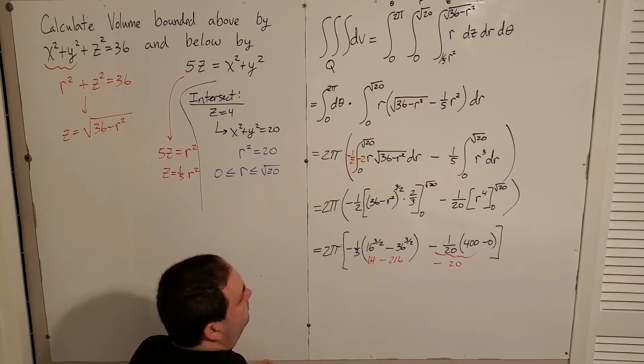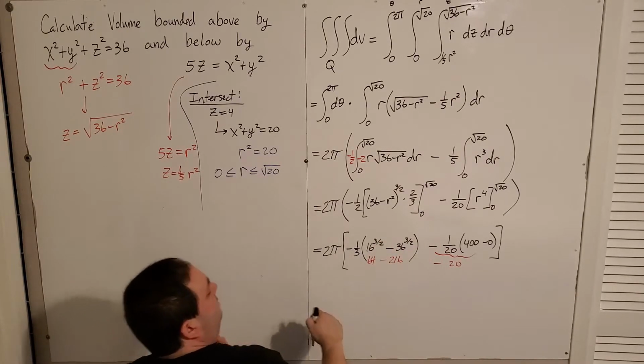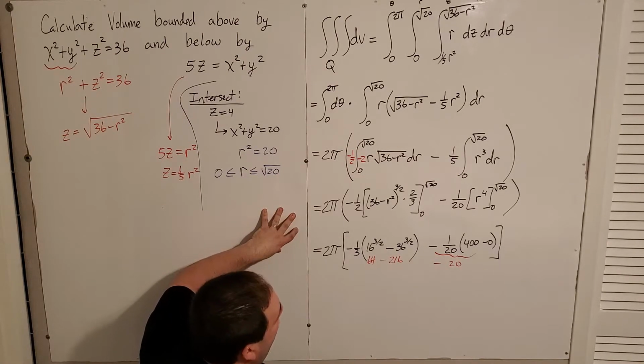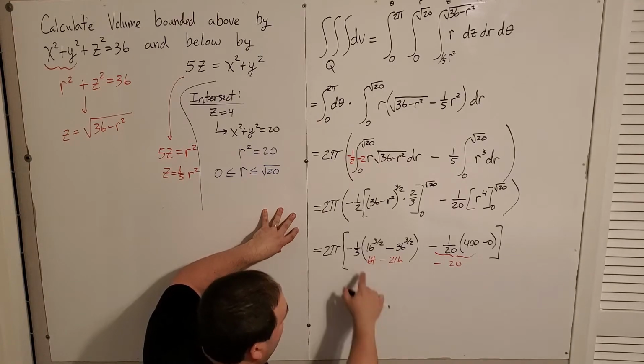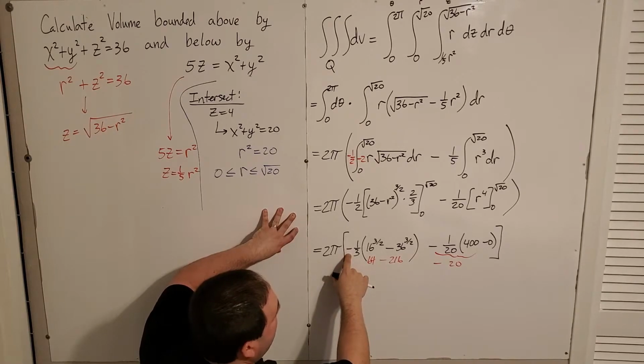So 216 take away 64 is going to be 152 over 3, negative 152 with this negative though.